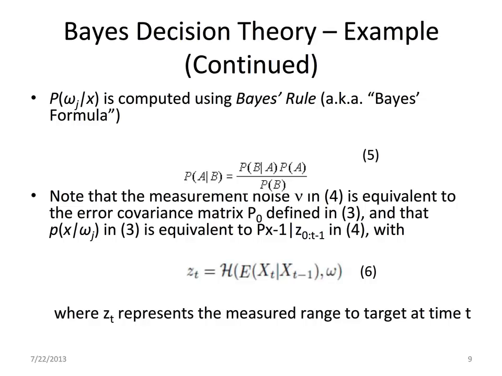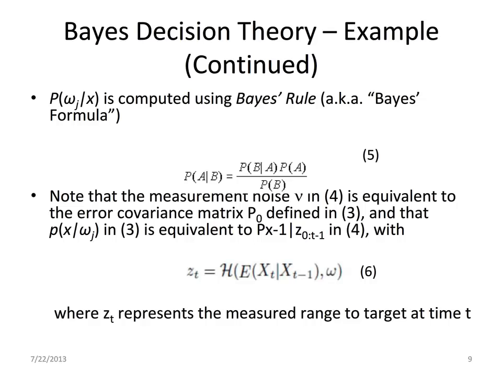Next bullet states, note that the measurement noise mu in equation 4, which is the integral form of the posterior probability, is equivalent to the error covariance matrix, P sub naught that we defined. It doesn't look like it's equation 3, but it is a previous equation. We did discuss it, so I'll note that as an error and move on.